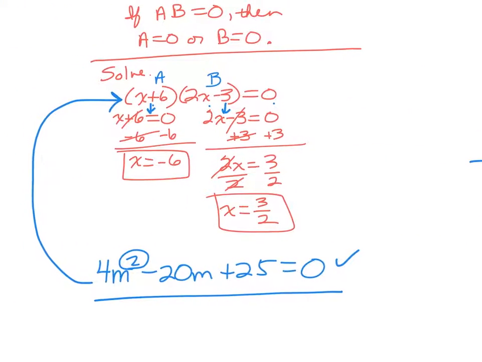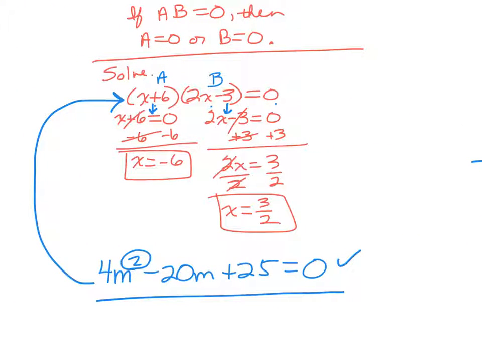Once we get that done, then we will have what we wanted here. Our equation will look like this: x plus 6 times 2x minus 3 equals 0. Something times something equal to 0. And then we'll use that 0 factor property, and the way that we did that was took each one of these factors and set them equal to 0 and solved.